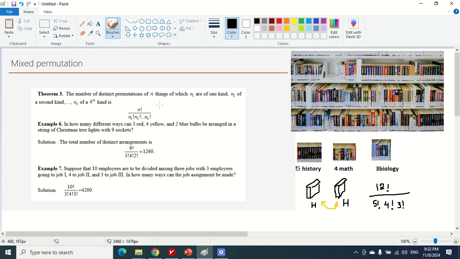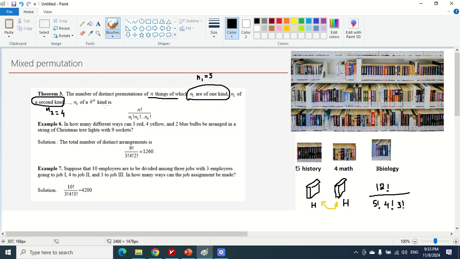So it means that if we have n objects and n1 of them are of one kind, n1 over here based on this example is the historical books, which is equal to 5. n2 of them are of a second kind. This n2 can be considered as the math books, which is equal to 4 over there.